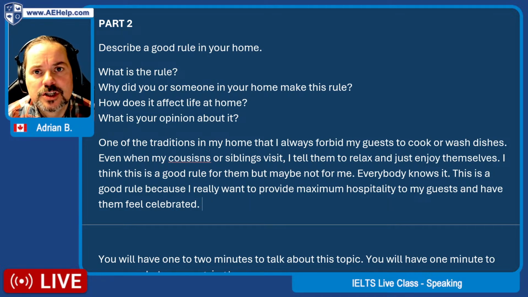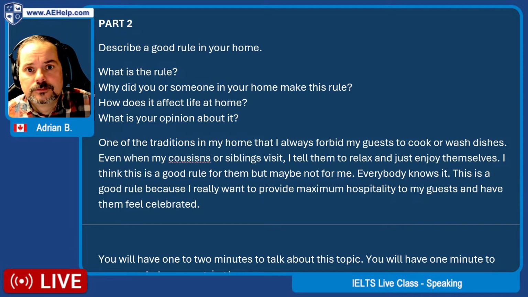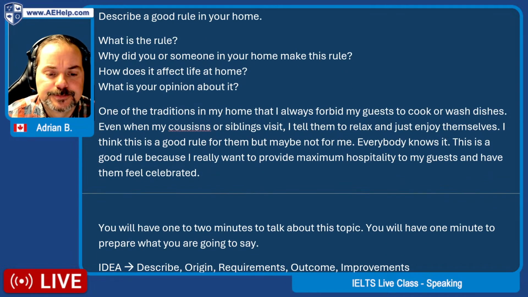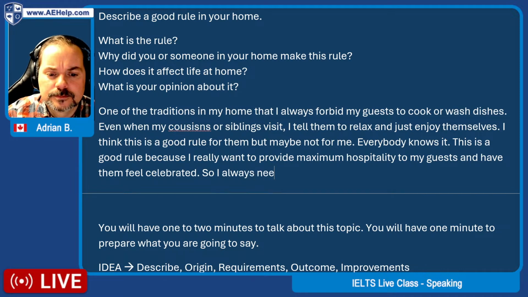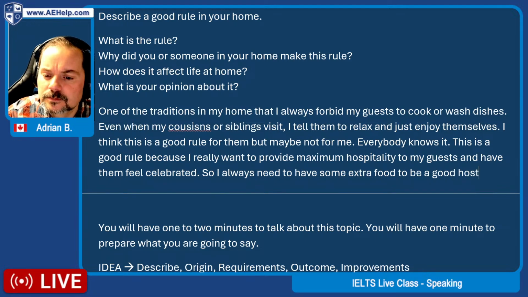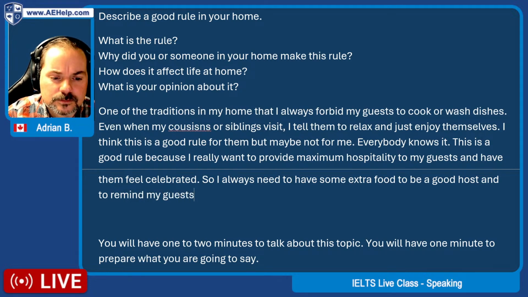Now, next question is, what do you need for this rule to work? So I always need to have some stock of food or some materials to prepare a nice dinner or lunch or even breakfast. So my fridge should be always full, and I should have some drinks beforehand.